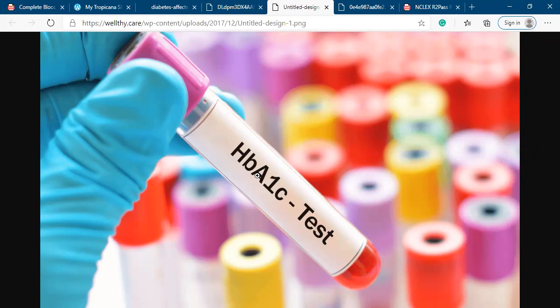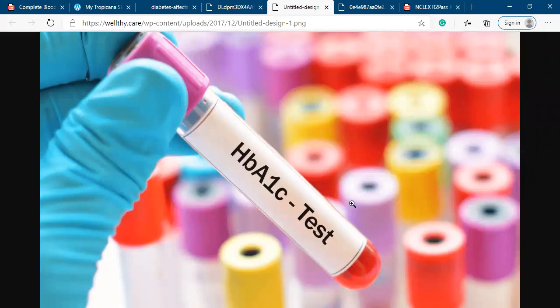compliance. The expected range of hemoglobin A1c is 4 to 6%. Some books say 4 to 5.9%.